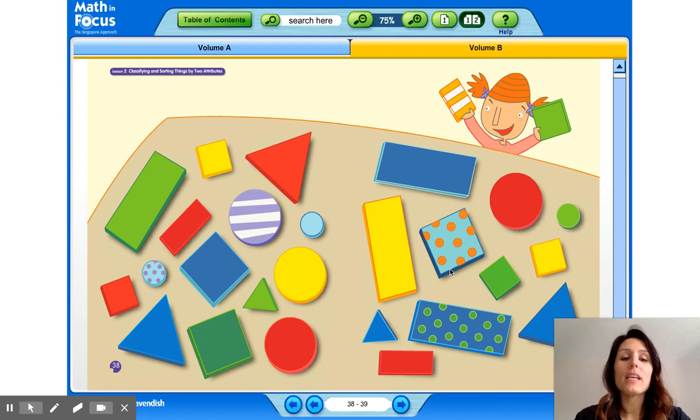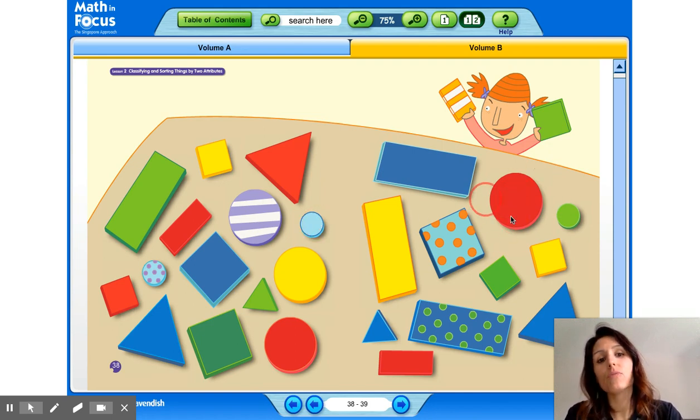So when you are looking at all of the different blocks that you see in front of you, you can make lots of different combinations of blocks. You could sit here and look at all the circles and talk about how this red circle is the same as this circle, or how it is different from this circle. So this yellow circle, you could look at and say this yellow circle is the same shape as this blue circle, but it is different because they are different colors and they're different sizes.